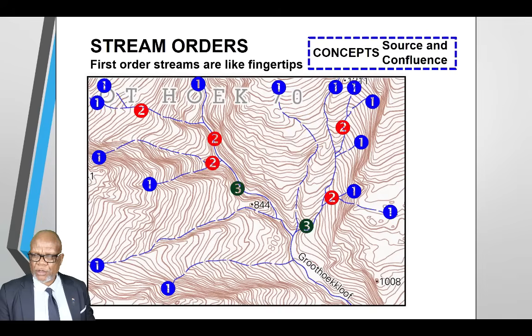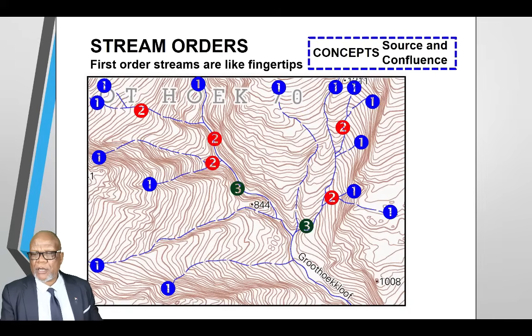Stream order 1 and stream order 2 remain at 2. So when two streams of a different order join, the stream order is not going to change. It remains at the highest order.